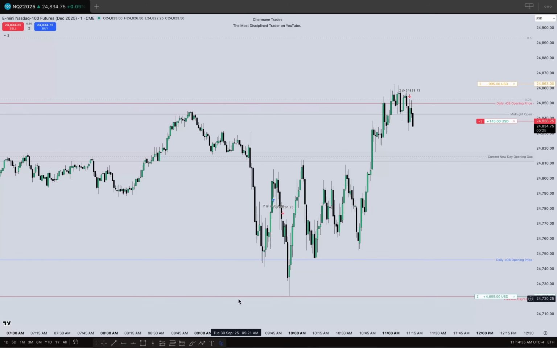So what I'm looking for here is we have previous day's low, and we just fell short of that by like 3 ticks. So I'm seeing that as relative equal lows, and I like that as a draw. The only thing that raises eyebrows for me, all of this back and forth here is a balanced price range.